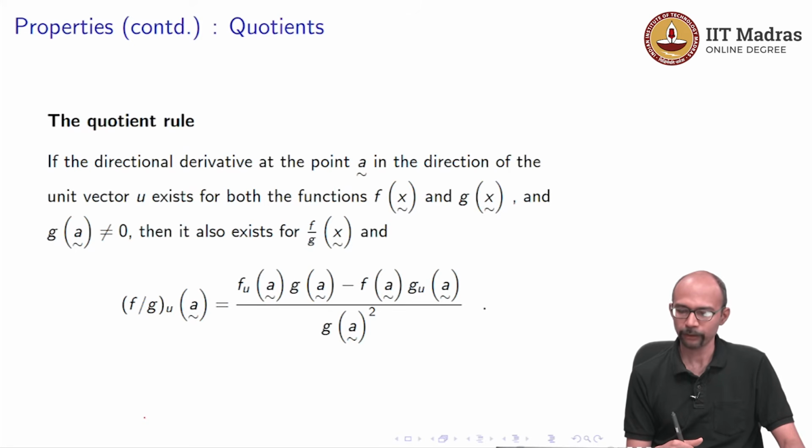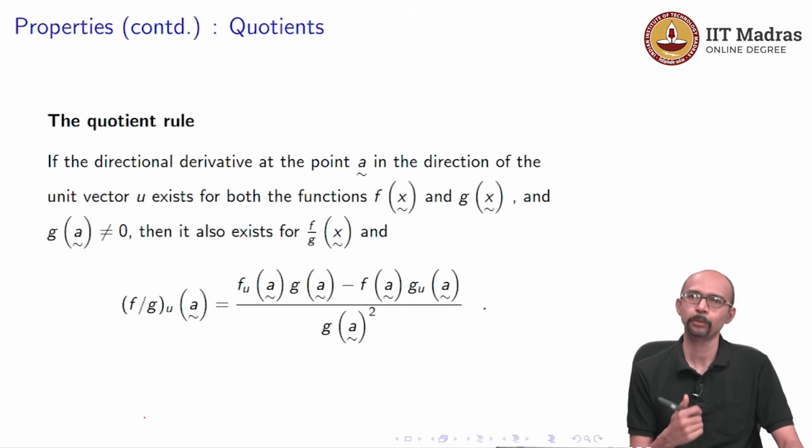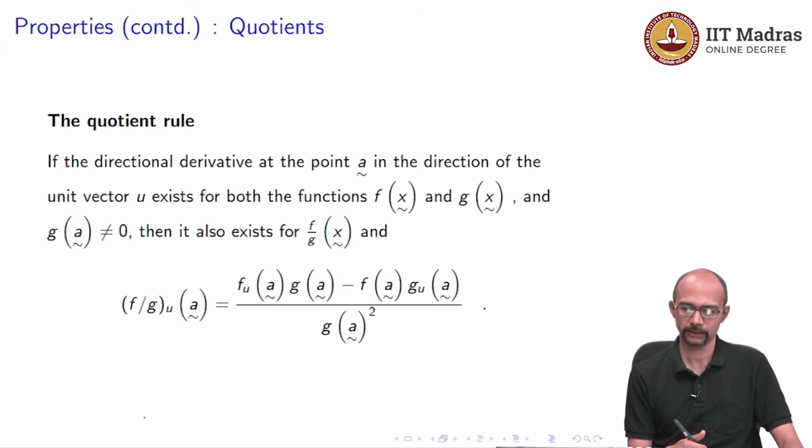Directional derivative of f in the direction u at a times g of a minus f of a times the directional derivative of g in the direction of the unit vector u evaluated at a, divided by g of a squared. So, we have seen the exact same formulae in one variable calculus.